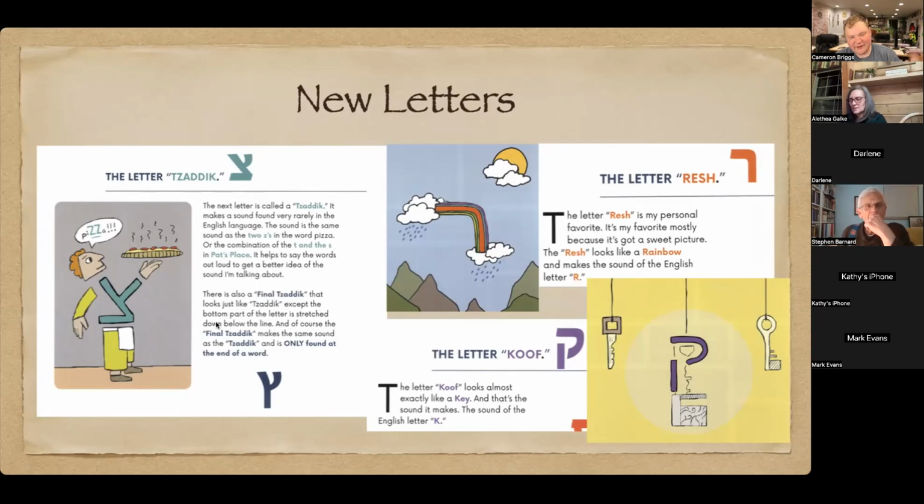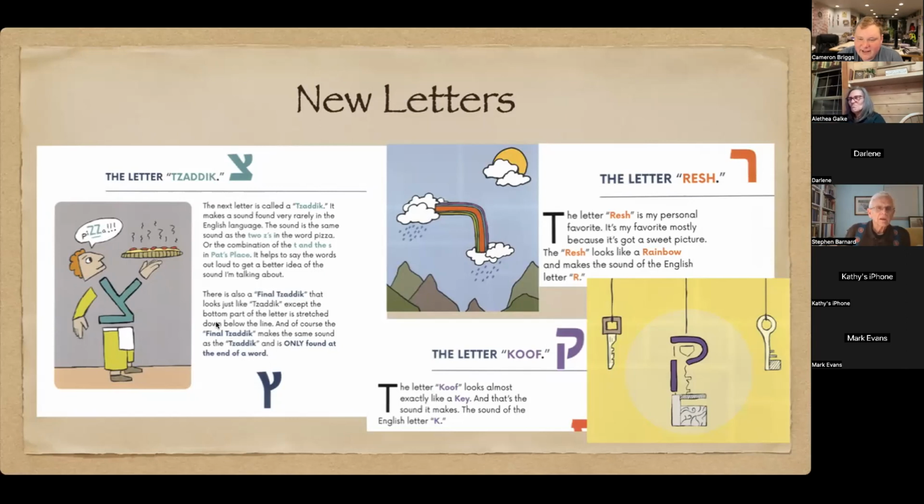So it's a hard one to put phonetically on a page. If you're thinking about percussion with the drums, it's kind of that hi-hat hit. Or you can think of it as 2 Z's in pizza, that kind of weird sound.